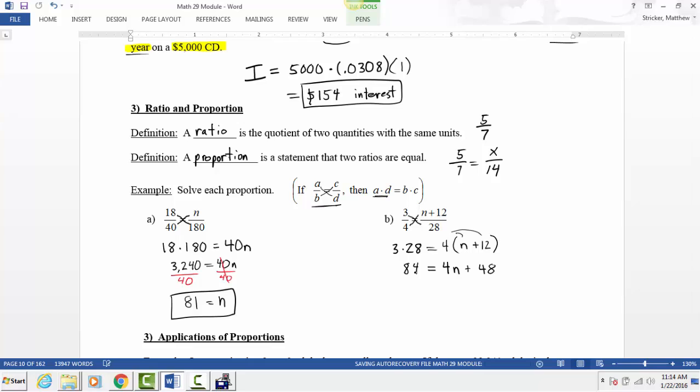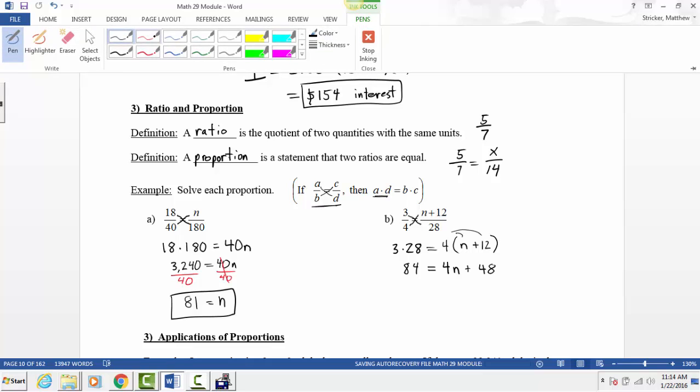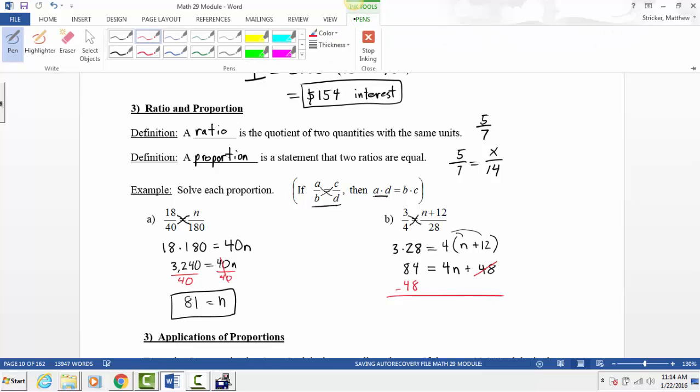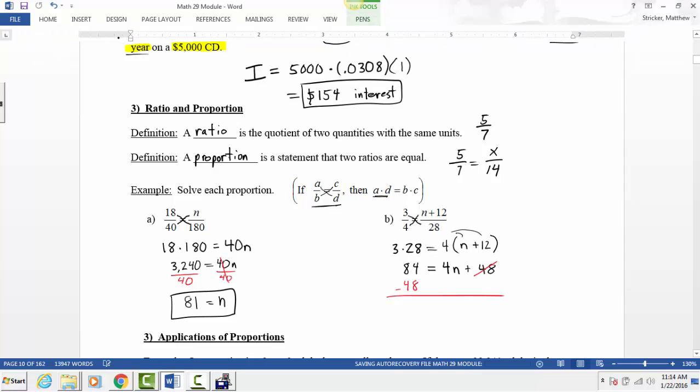We're going to move that 48 to the other side, and it becomes a negative 48. When I take 84 minus 48, what do I get? I get 36. All that's left over here is 4n. Divide by 4. 36 divided by 4 is 9.